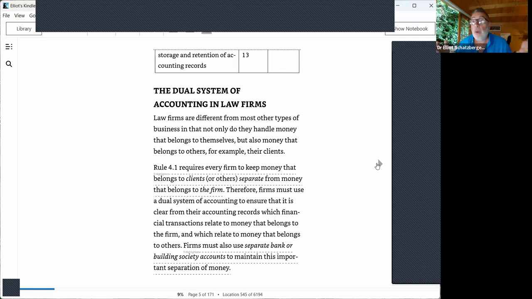If you're a big law firm, you might have 100 clients. You might have 1,000 clients. Of course, you're not going to open up a separate bank account for every single one. So therefore, you can open up just one. And we call that the general client account.